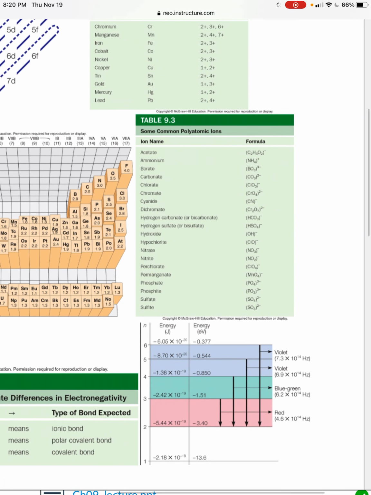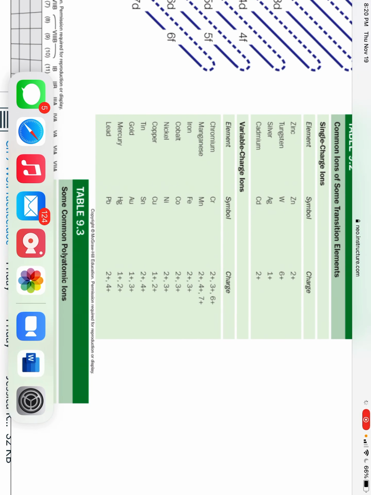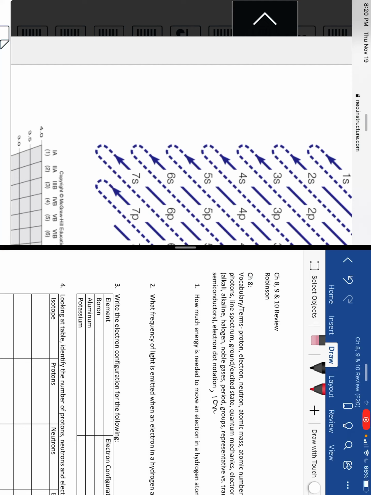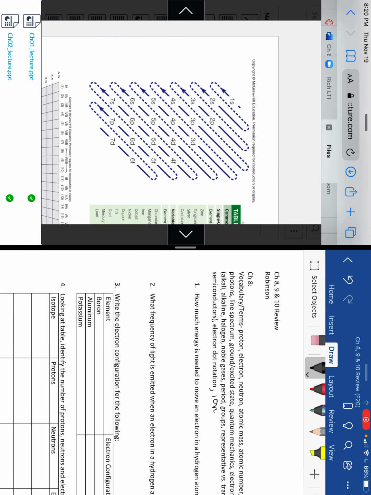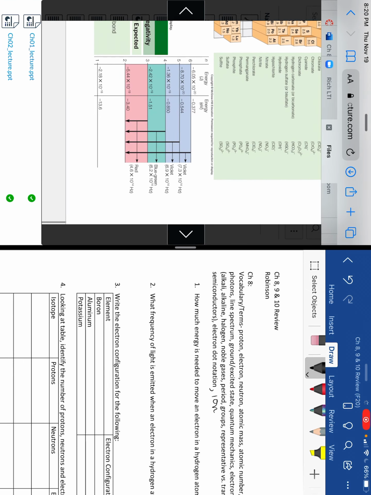So for this one, you're going to need this information right here. Let me see if I can bring up both of these things. When I start doing stuff like this, you know how things go for me. I always have the issues. Okay, so it was like this.